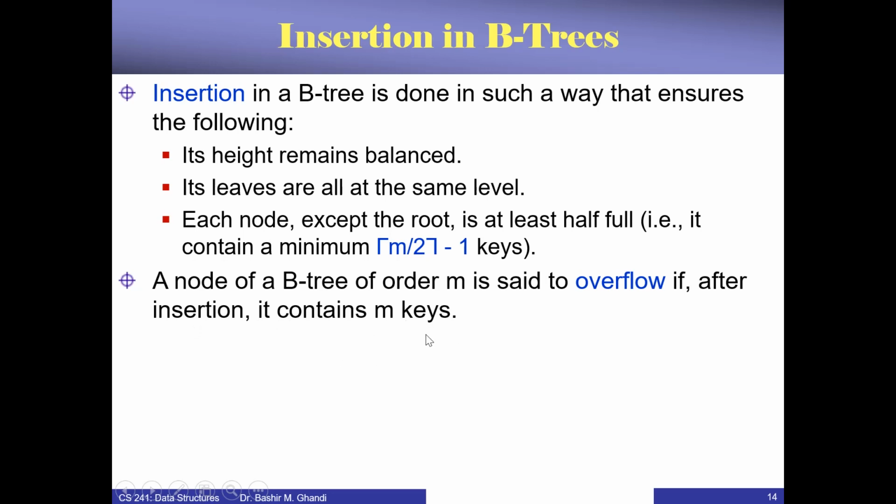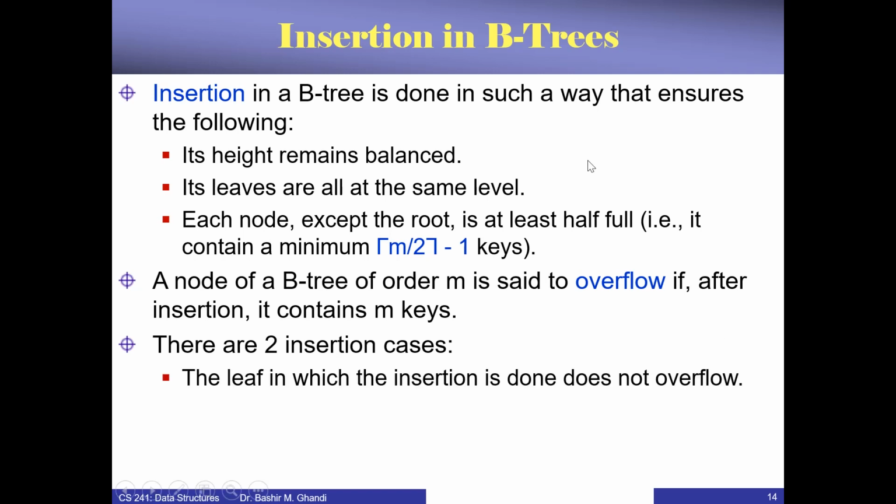Remember, the maximum number of keys allowed is m-1. So if your node will contain m keys after our insertion, then definitely it overflows. Okay, so with this definition in mind, here are the two insertion cases that we have.